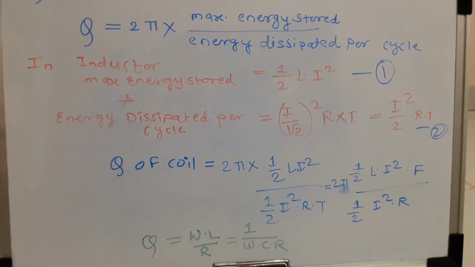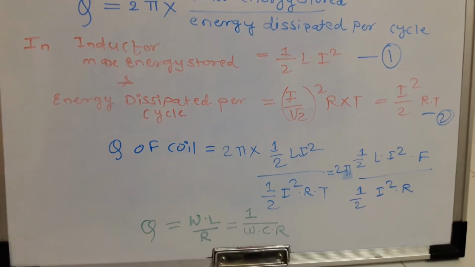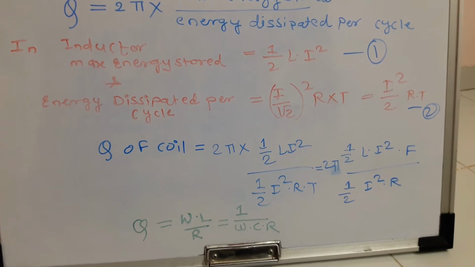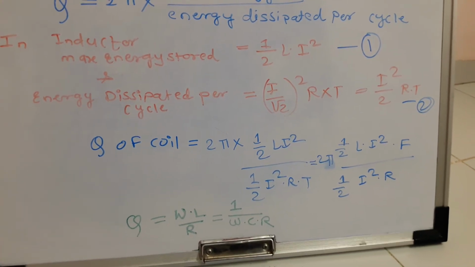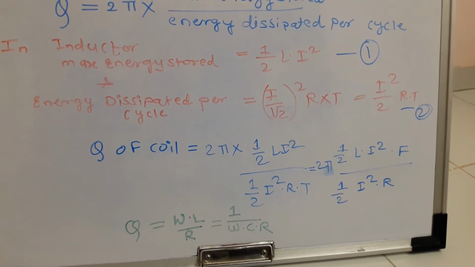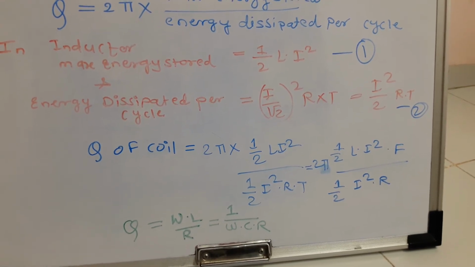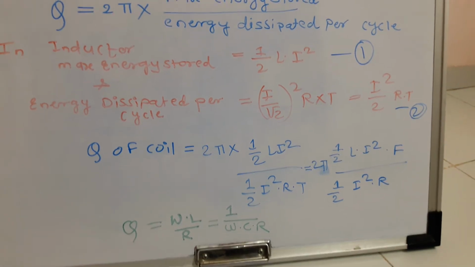Now if you calculate Q factor of the coil, it will be given by the formula 2 pi into energy stored in the inductor divided by energy dissipated. So 2 pi into 1 by 2 Li square into F, because in the denominator we have T, which will be equal to 1 upon F, and this F will be transferred to the numerator.